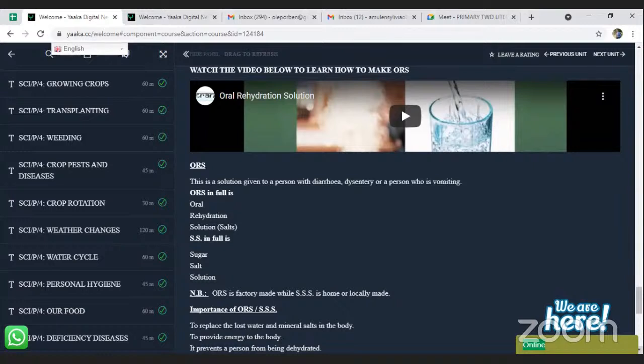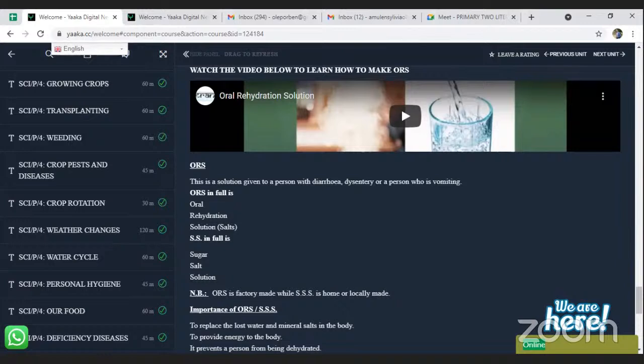So what is ORS? ORS in full is oral rehydration solution, in brackets salt. SSS in full is sugar salt solution. That is supposed to be triple S, SSS, which will give you sugar salt solution.